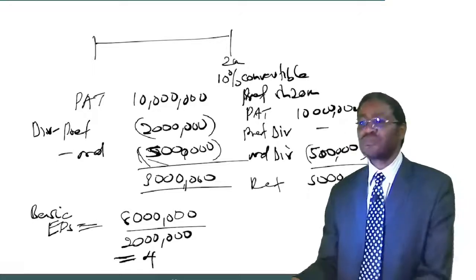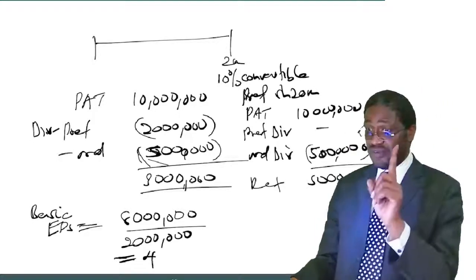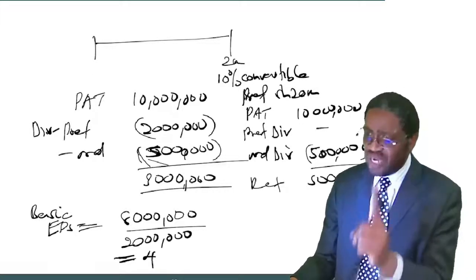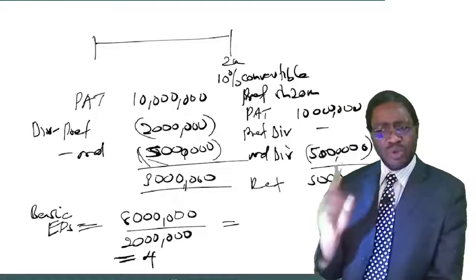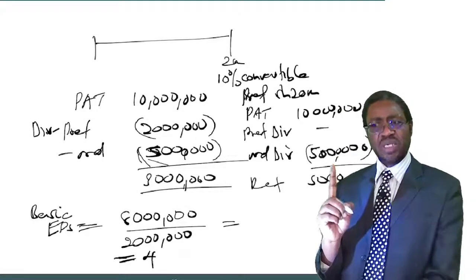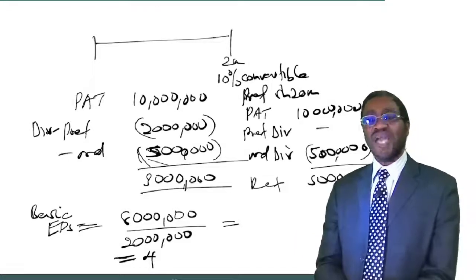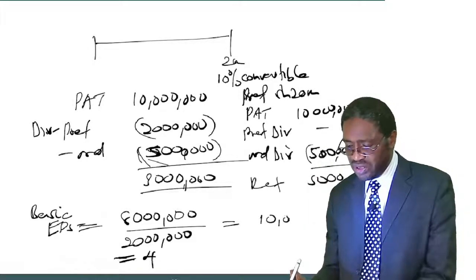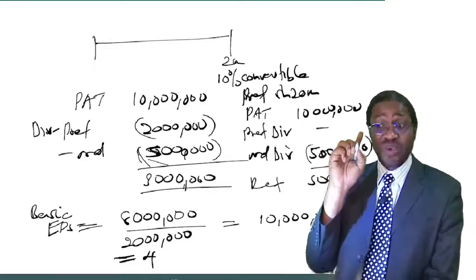Now listen carefully. If the preference shareholders had converted, our earnings attributable to the ordinary shareholders would have been how much? It is obvious they would have been 10 million, which is net profit after tax less preference.